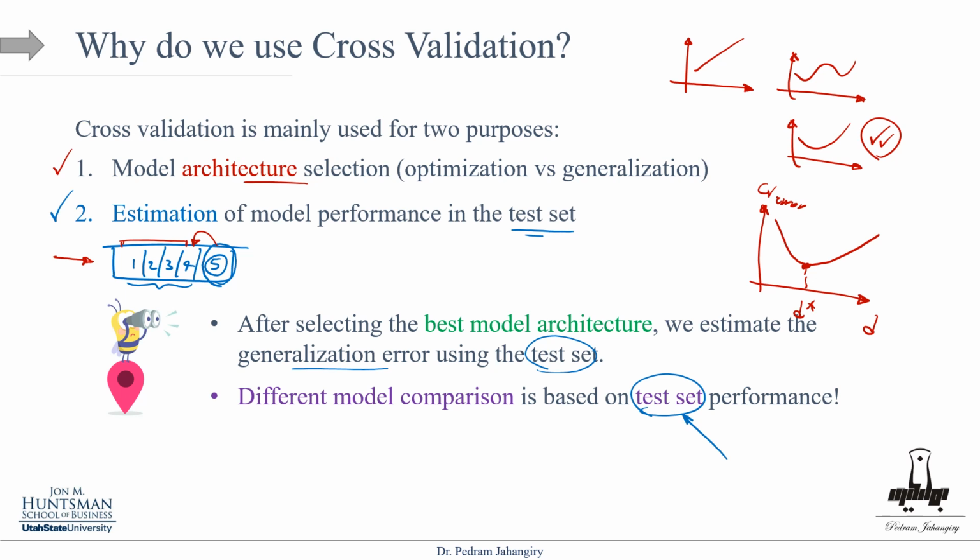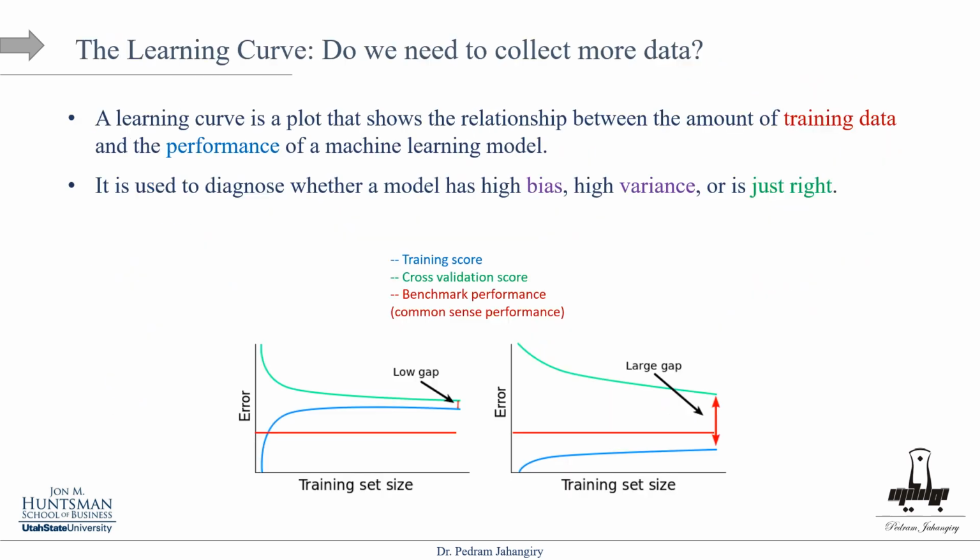I hope that this is clear: the difference between why we use cross-validation, and when we use the performance of the model in the test set. All right, before we move on to the solvers and optimizers part, let's talk about yet another curve that's going to help us answer this question: do we need to collect more data, right? So this is called a learning curve, and it's very important, and it's a very intuitive one.